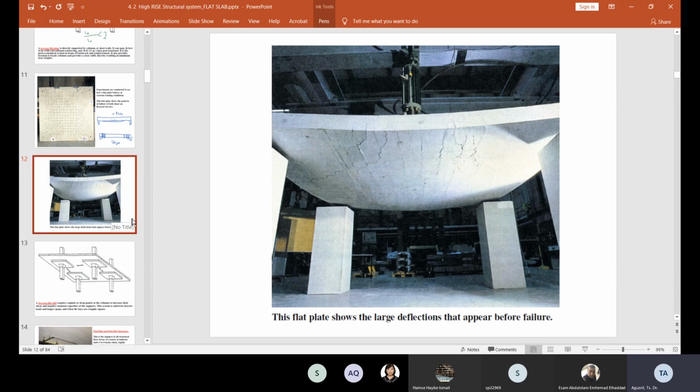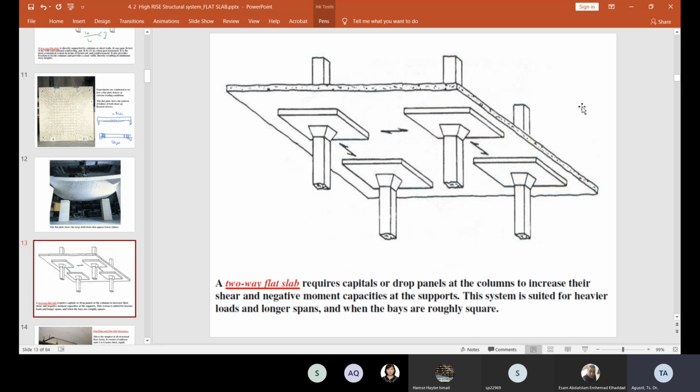From that you can identify the capacity of the building. Is it possible to change from the existing function to the new function? This is your role as the structural engineer. Okay, and then in the next slide, you can see here.